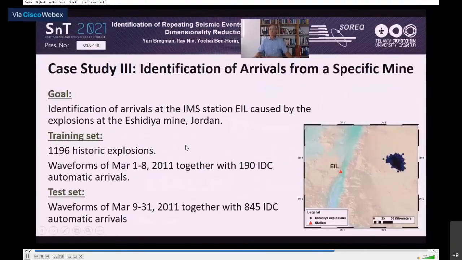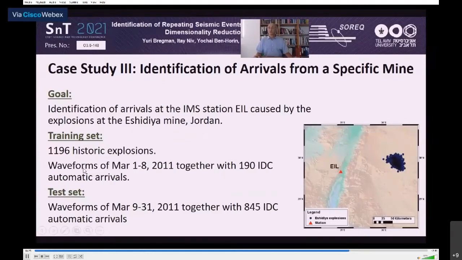Our third example is identification of arrivals from a specific mine. We used the data of IMS station Eilat again, and we looked for arrivals caused by the explosions in Jordan. We have a lot of historical explosions recorded on this station.